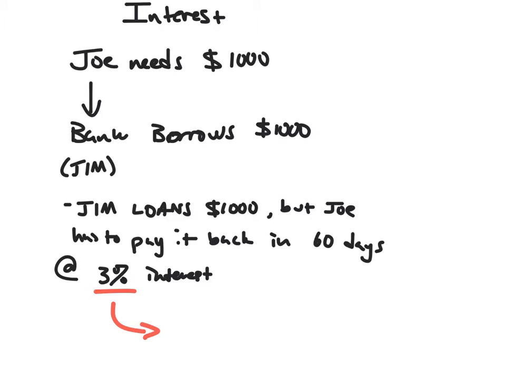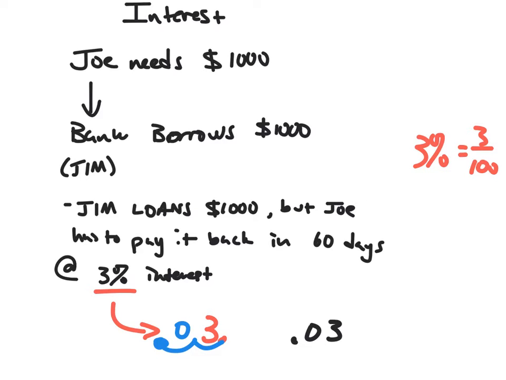Remember, 3% is really just 3 out of 100. Isn't it 30? No, 30 would be 30. 3 is 3. So what I then do is I take the number 3, here's my decimal place, and I move it 2 places to the left. Is it always going to be 2? Yep. Always. Good question.